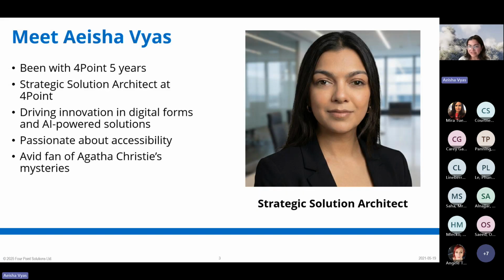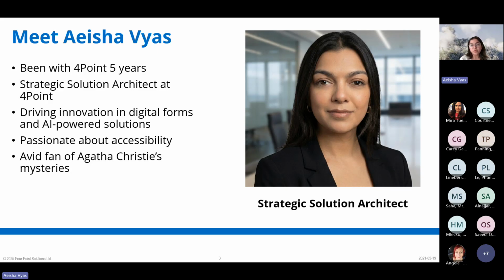Again, my name is Aisha Vyas, and I'm Strategic Solution Architect at 4Point. I've been with 4Point for more than 5 years, working closely with organizations that rely heavily on digital forms and complex workflows.